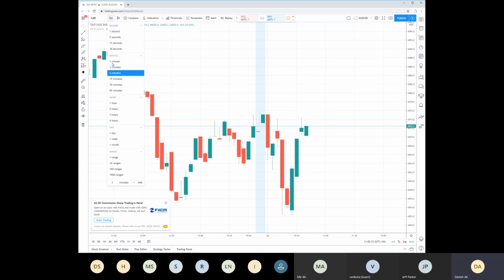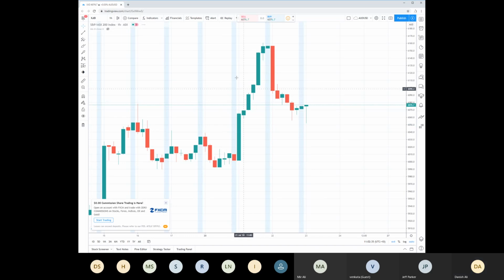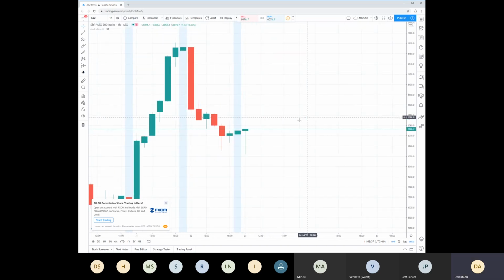I go from 5 minutes to 1 hour. Now suddenly this candle became green. Can you see that? What was a red hammer has become a green hammer. Inverted hammer rather.